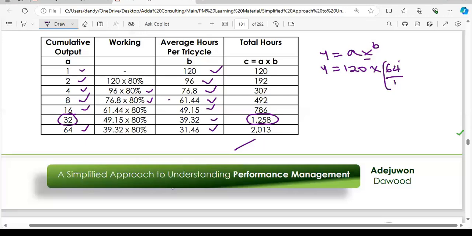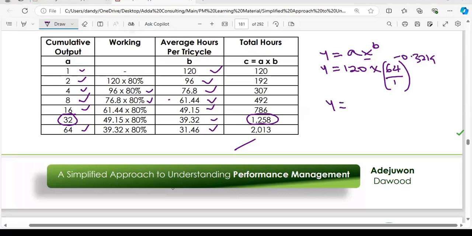Then this is raised to power B. B is log of learning rate over log 2. The learning rate for artisan is 80%. Therefore, log 0.8 divided by log 2 will give me minus 0.3219.